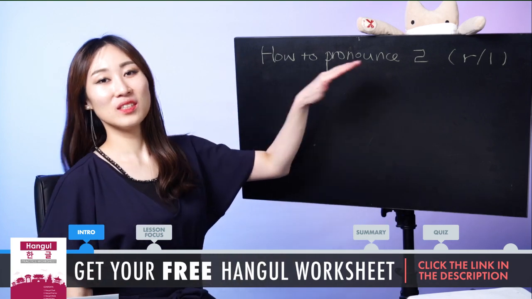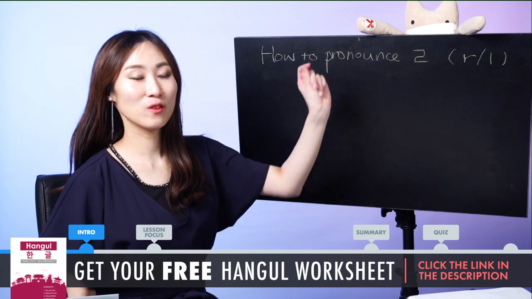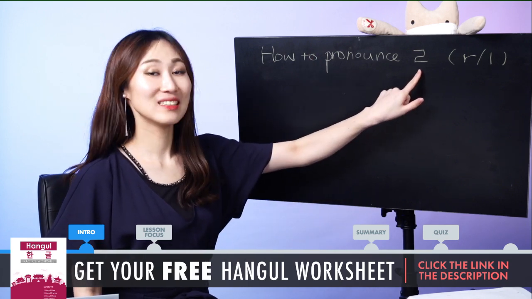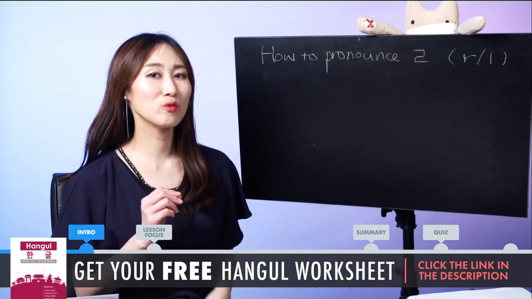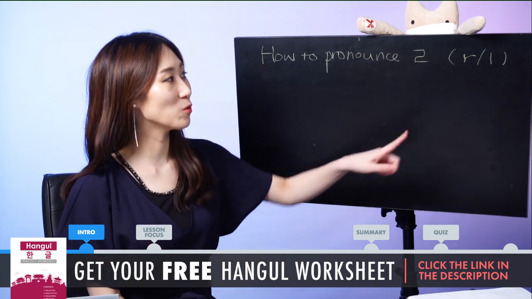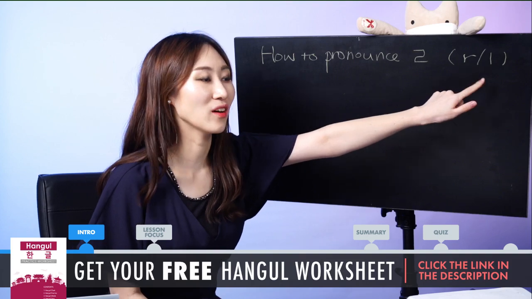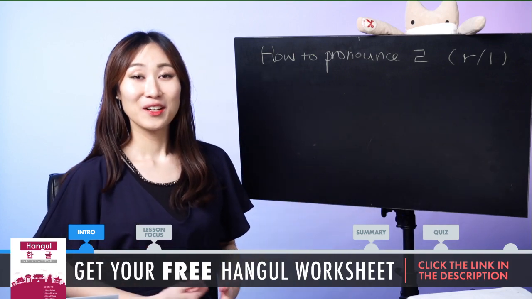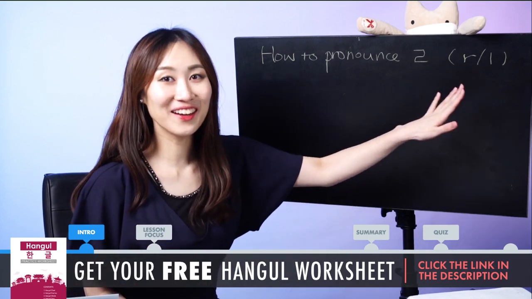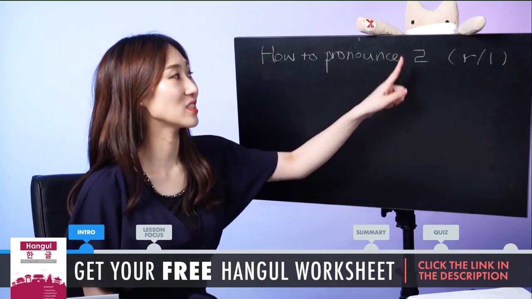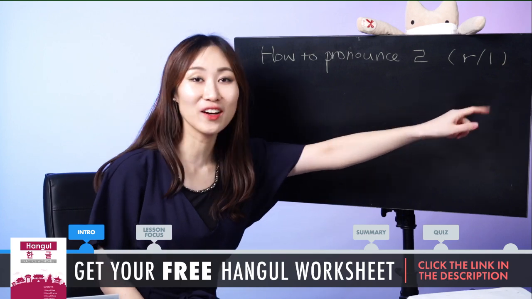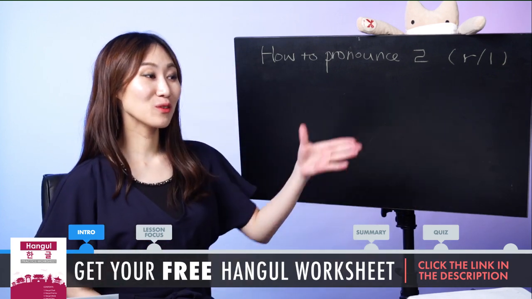This is maybe difficult for you because the Korean ㄹ sound doesn't exist in English. When we romanize the Korean alphabet, we often use R or L, but it's not R or L. It's a completely different sound, but there is no way to romanize this letter. So we often use R or L. But today we are going to talk about that.